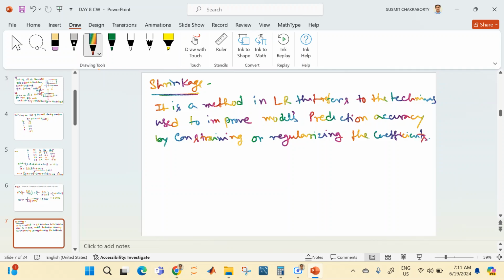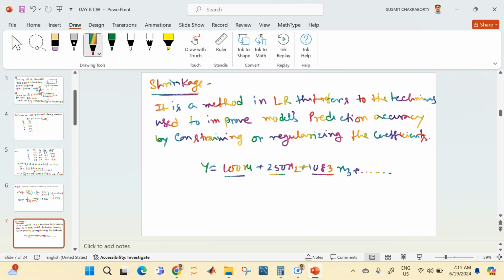Actually, in simple words, suppose I am given a model y equals 100 x1 plus 250 x2 plus 1883 x3 and so on, very large beta. So these are very large beta, right?